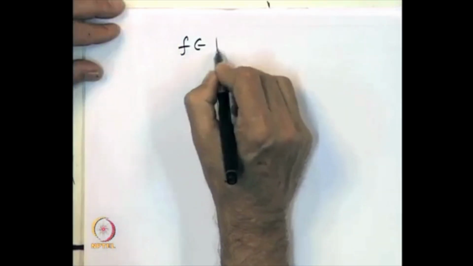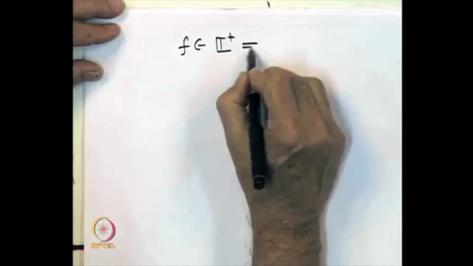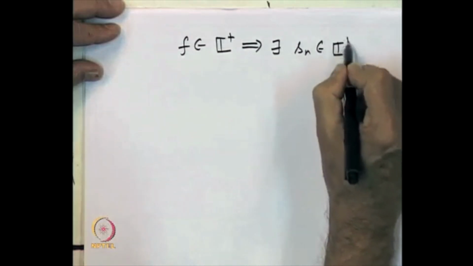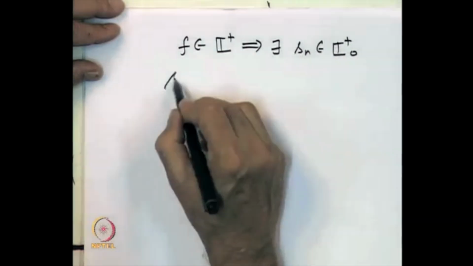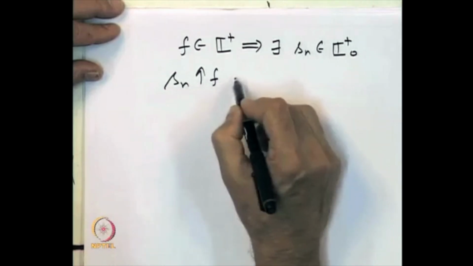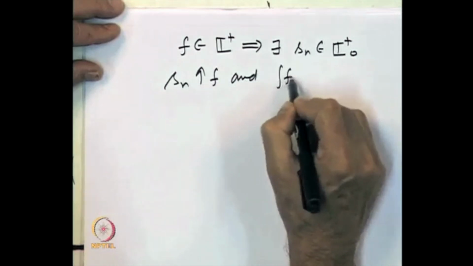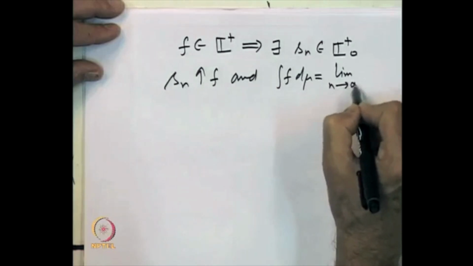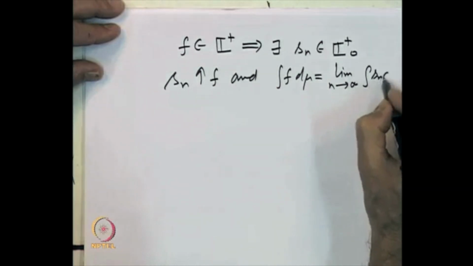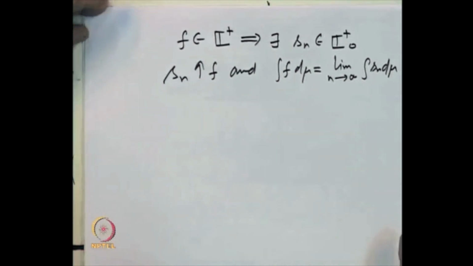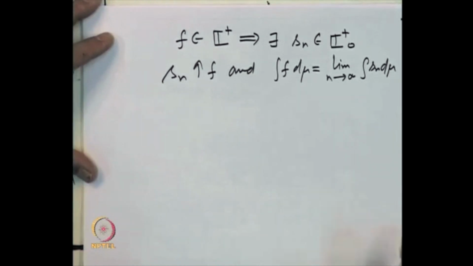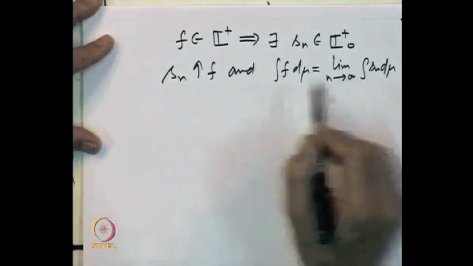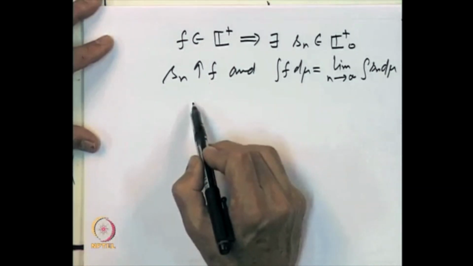So f belonging to L plus implies we have a sequence Sn belonging to L plus 0 such that Sn increases to f and the integral of f d mu is written as the limit n going to infinity of the integral of Sn d mu. That is by the fact that f belongs to L plus, and the integral of f is defined as the limit of the integral of Sn d mu for any sequence Sn which increases to f.